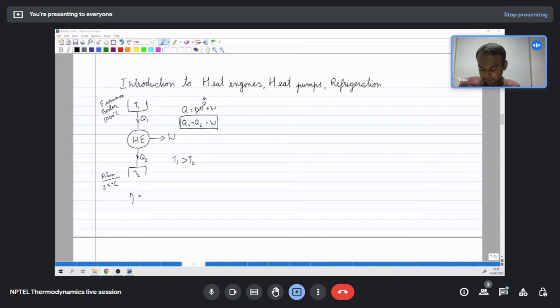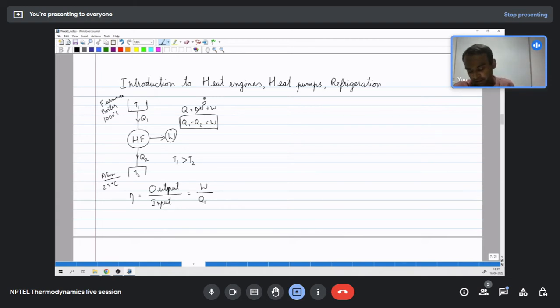Okay, coming back, we define efficiency as output by input. So for this heat engine, our desired output is the work done, which is represented by W, and the input given to this heat engine is Q1.